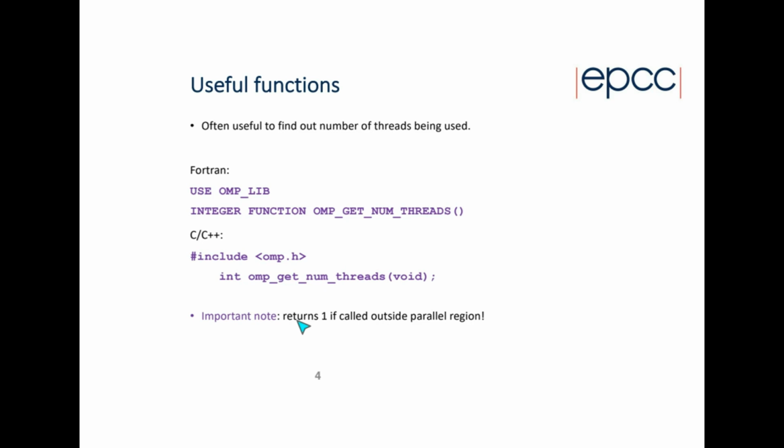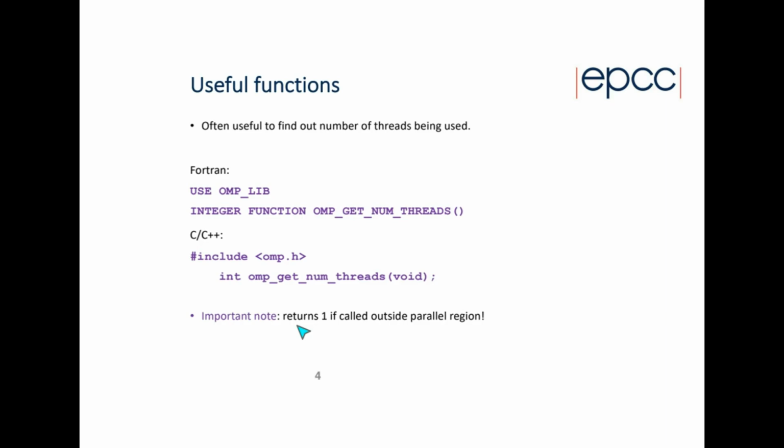The semantics of this function are how many threads are executing in the current parallel region. So if we call this outside a parallel region, in the sequential part of the program, it returns 1.